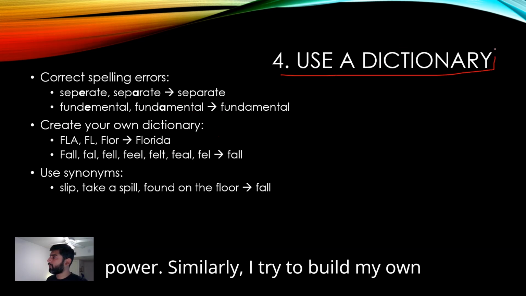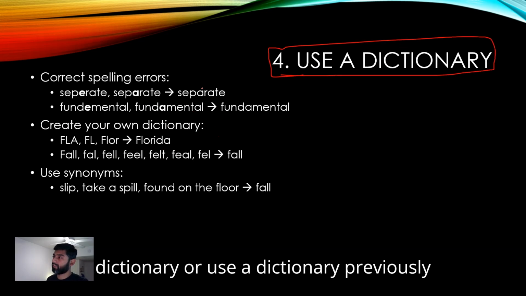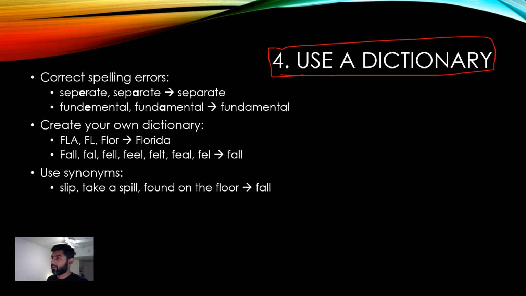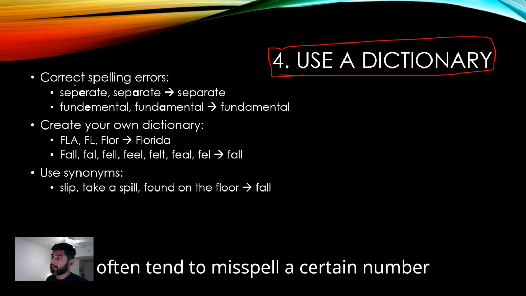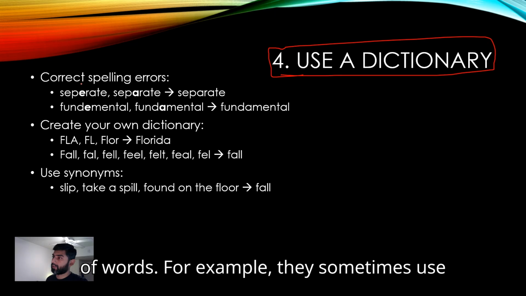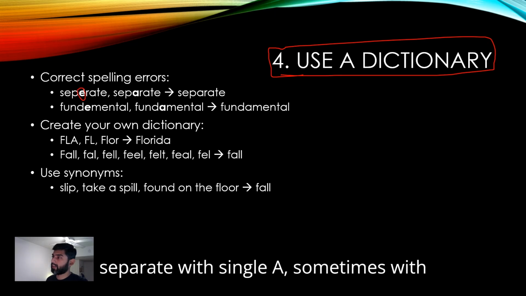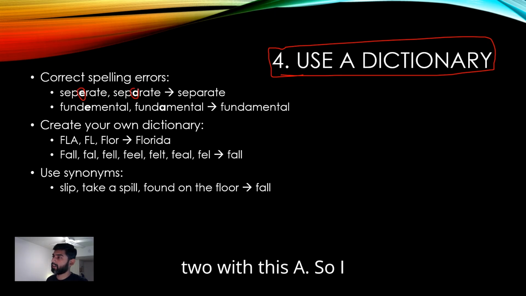Similarly, I try to build my own dictionary or use a dictionary previously defined in Python. People often tend to misspell certain words. For example, they sometimes spell separate with a single E, sometimes with two A's.